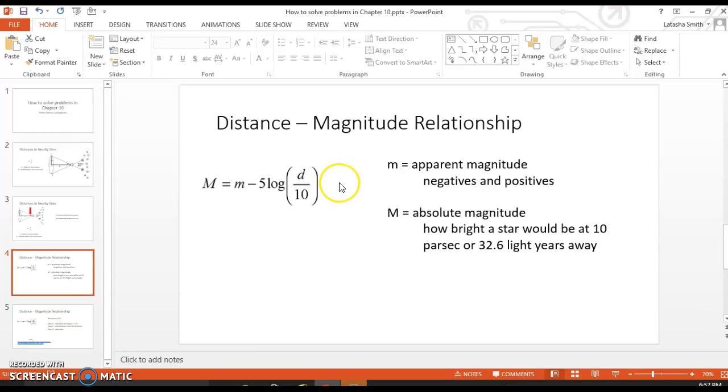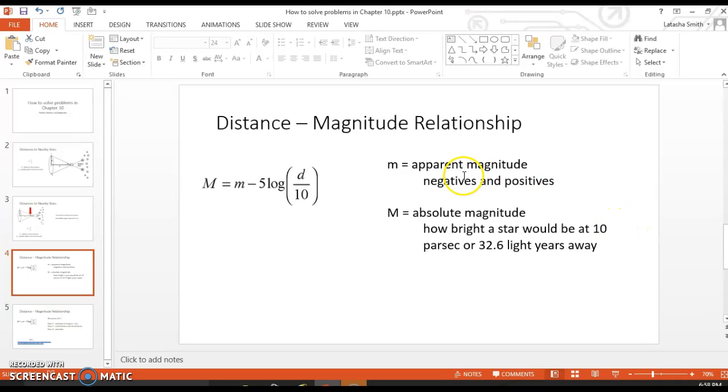If you remember, D equals 1 over parallax angle, and D equals 3.26, that's the constant, over the parallax angle for light years. This is ideally the same thing, except you shift when you're talking about absolute magnitude.